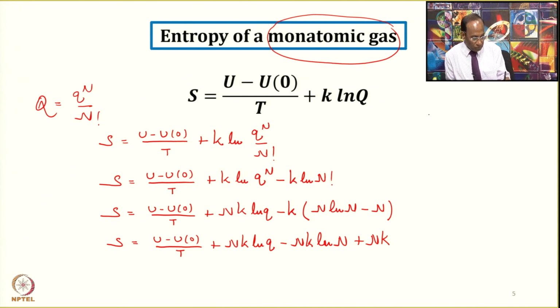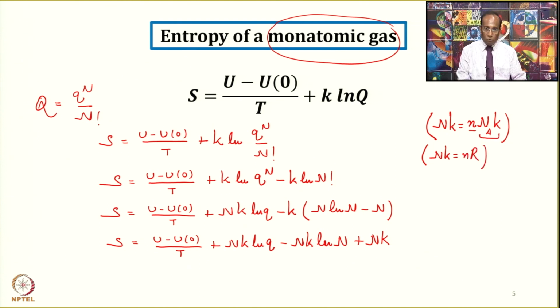Remember, Nk is equal to capital N, which can be small n, times Avogadro constant k. That means Nk is equal to, now k times Na is equal to R, the gas constant.